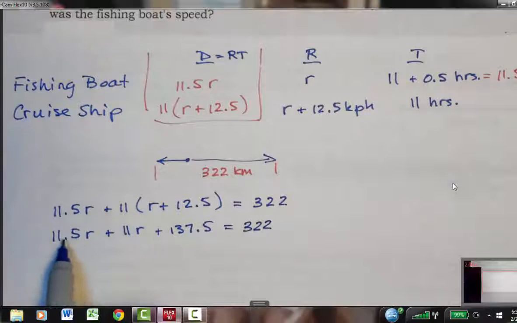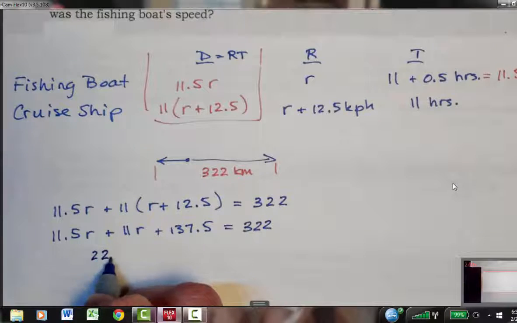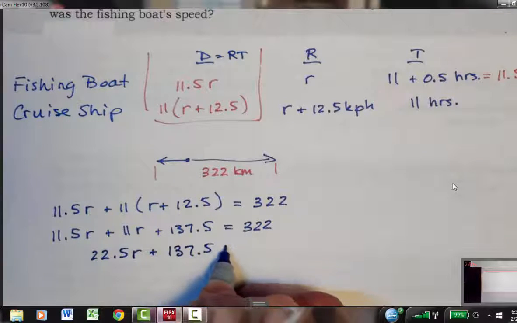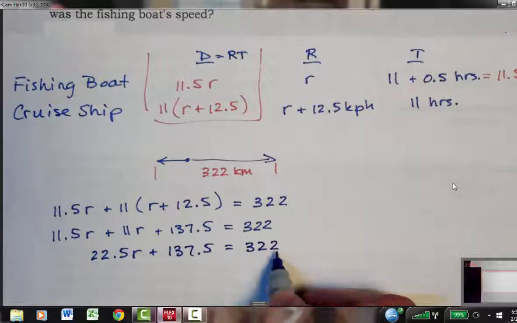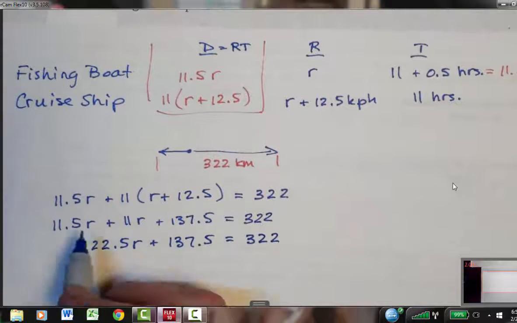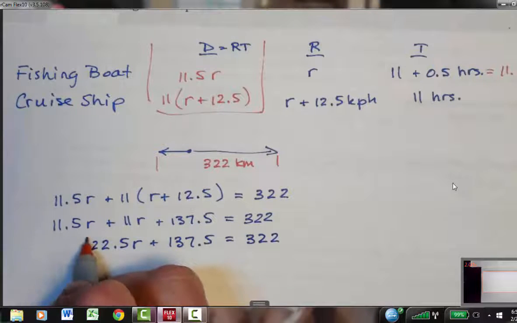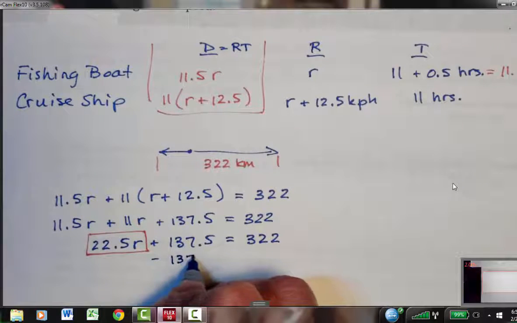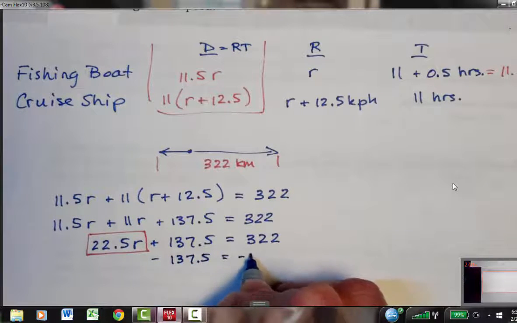Combine like terms. So you can combine 11.5 R and 11 R, and you end up with 22.5 R plus 137.5 equals 322. Then you want to get the term that has your R in it by itself, the 22.5 R. To do that, you're going to need to subtract 137.5 from both sides of your equation.